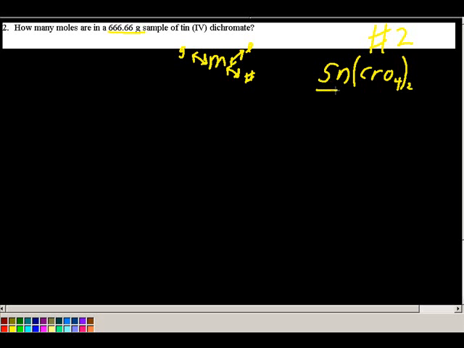That is the tin(IV) dichromate molecule. What we've got to do is get the weight of this. So again, the big issue is formatting. Your strategy is to write down the first element, which is Sn. Its weight is 118.71. There's just one of them, so you get 118.71.